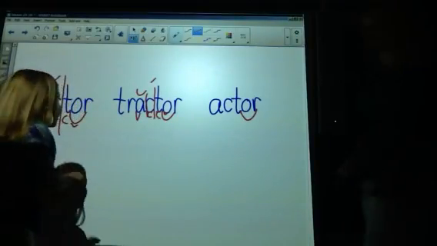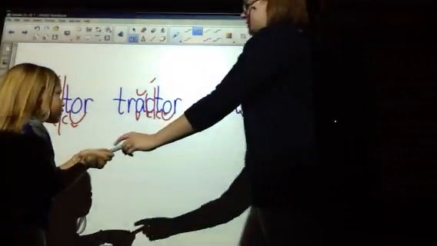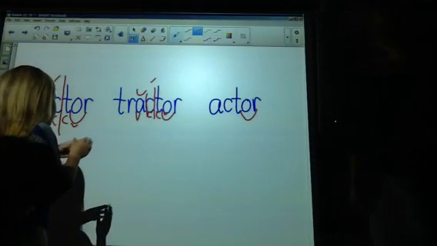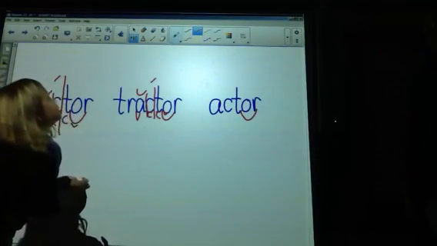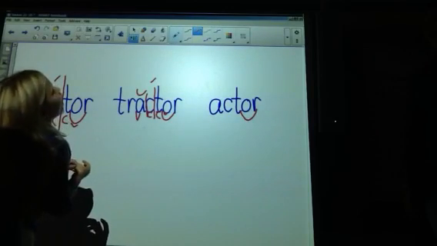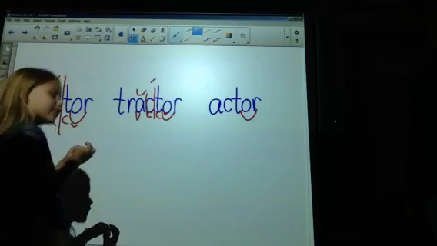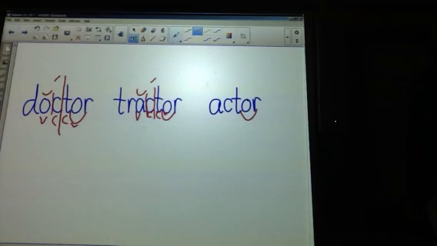What is that word? Tractor. Can you use it in a sentence? I was on the tractor. Good. Jacob, come do this last one.